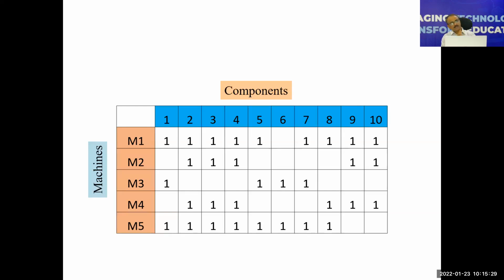The main point here is that there has to be a characteristic of similarity, so that the facilities involved in that cell are utilized for those particular products or components.